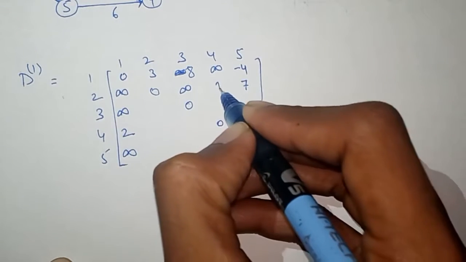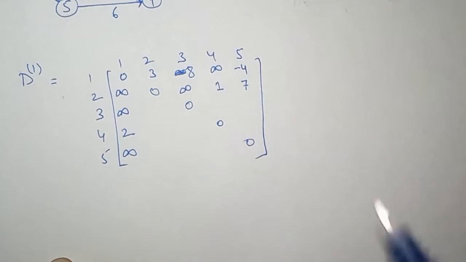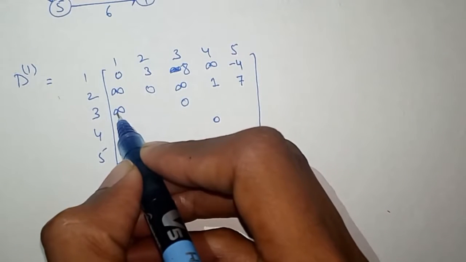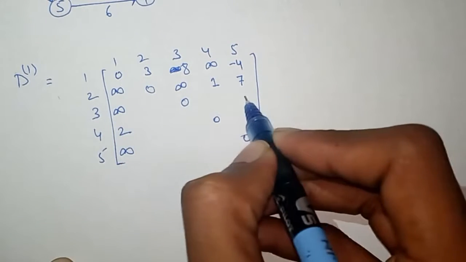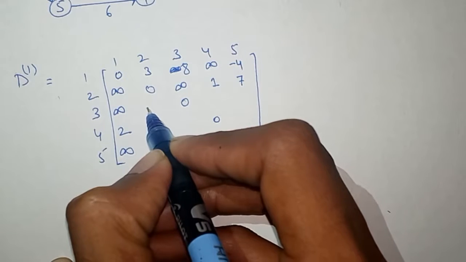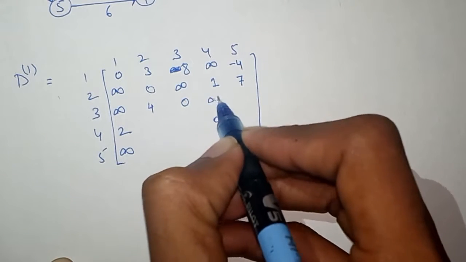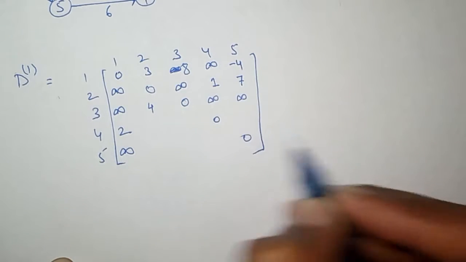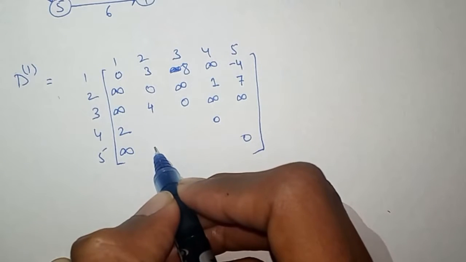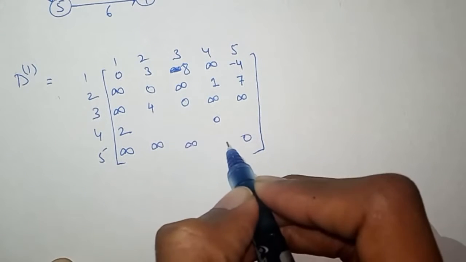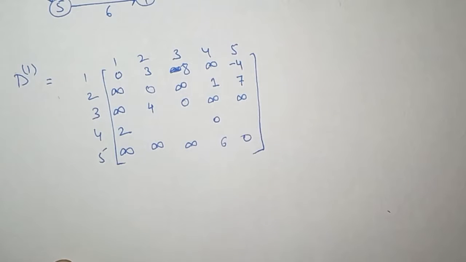You can check this by doing it on your own. Again the third row will also be the same as in the D0 matrix: infinite, infinite, 0, infinite and infinite. Again the fifth row will also be the same: infinite, infinite, 6 and 0.